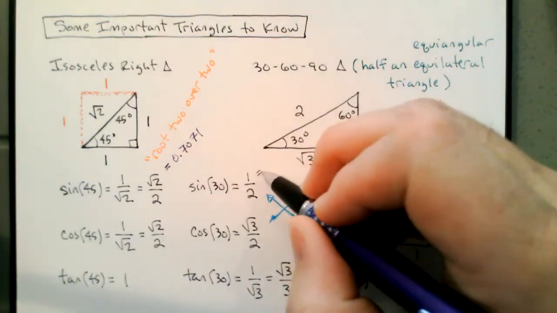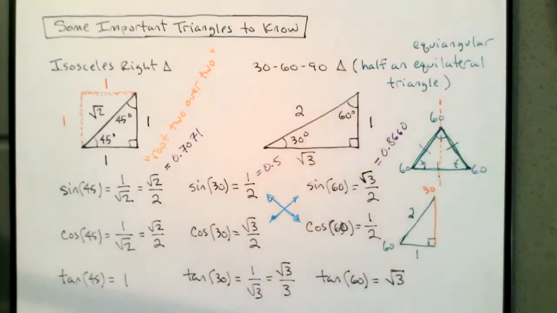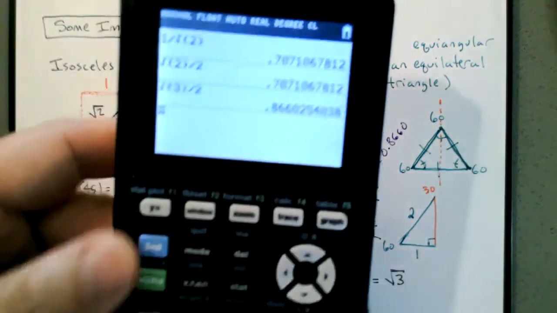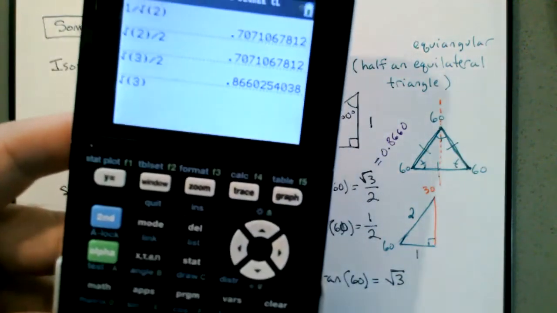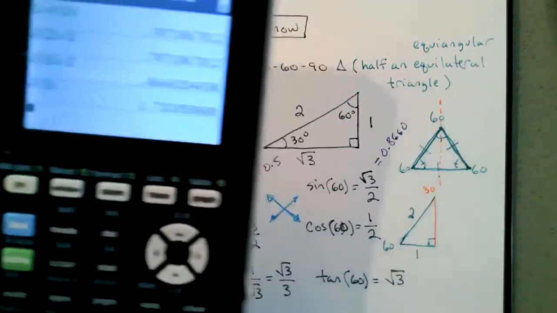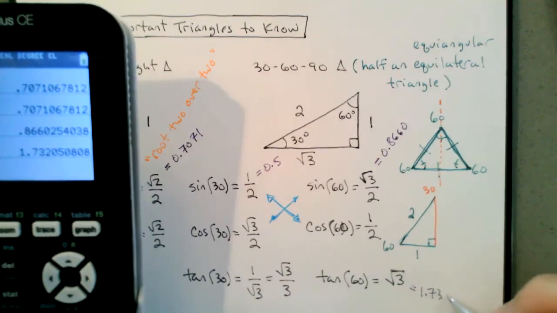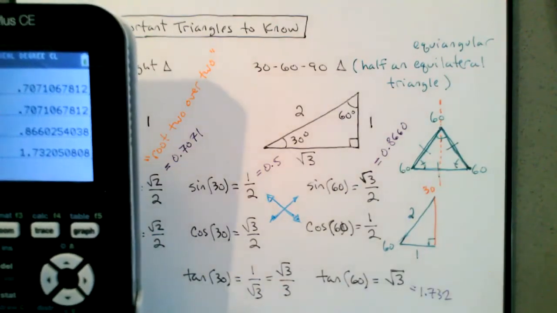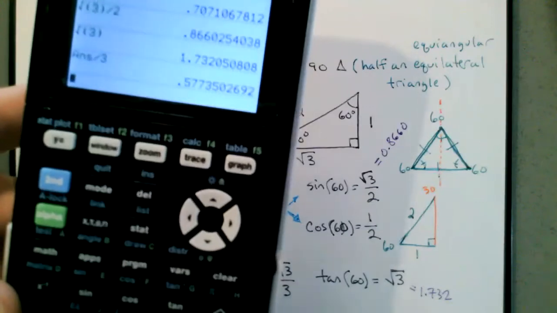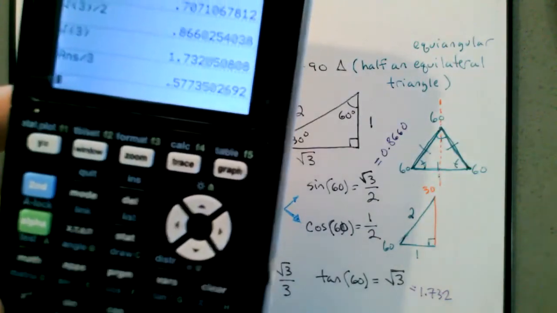One half is just 0.5, nothing fancy there. We've also got this square root of 3 running around. So what is the square root of 3? 1.732. So let's make sure we recognize that. And if we take the square root of 3 and divide it by 3, that's 0.5774.